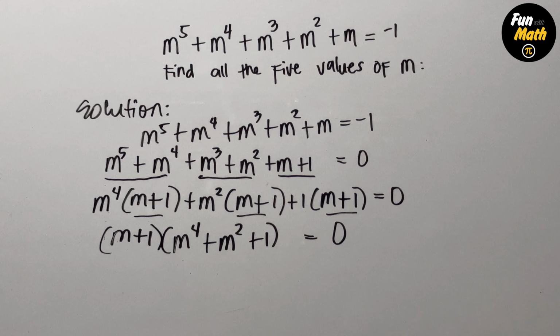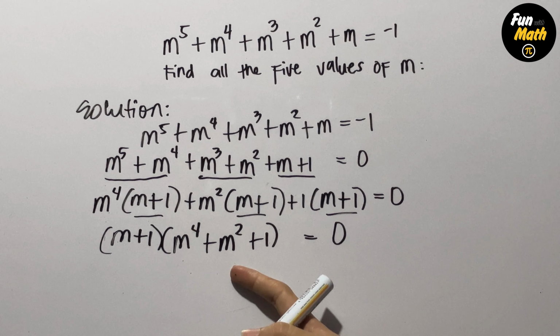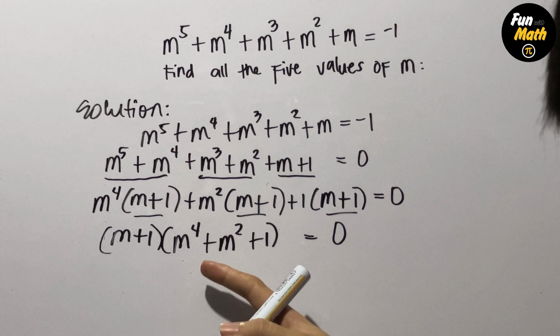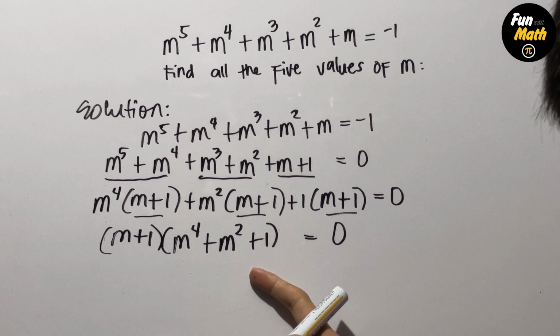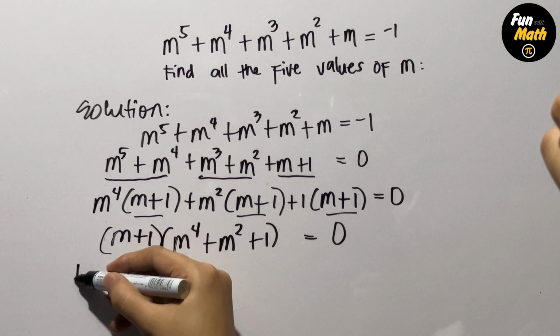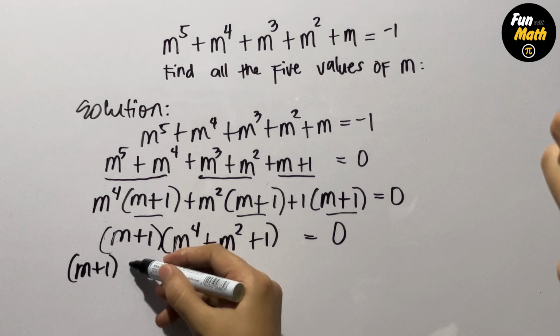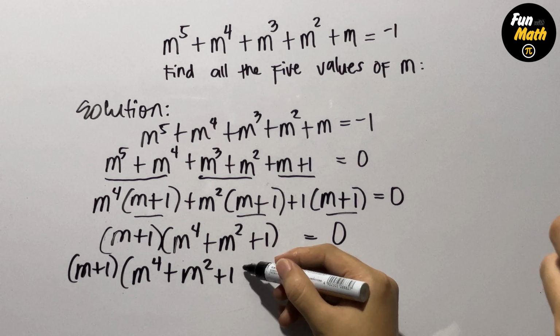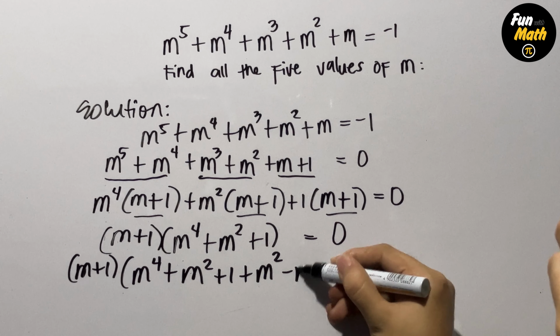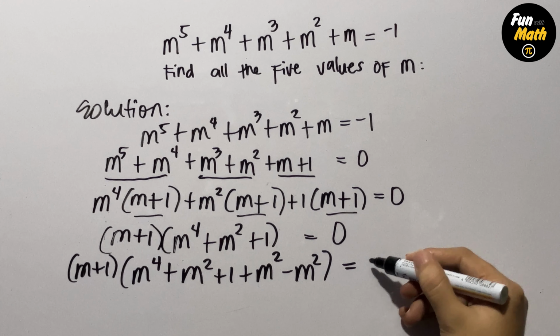Next thing we can do is, for the inside, we have m to the power of 4 plus m squared plus 1. We need to add and subtract m squared to make it a perfect square. So this is now m plus 1 times m to the power 4 plus m squared plus 1 plus m squared minus m squared equals 0.